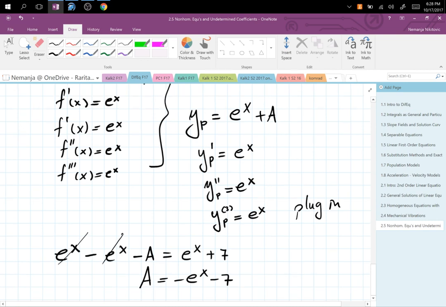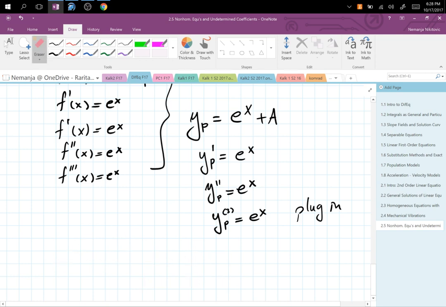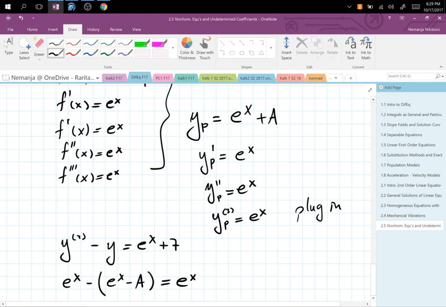Wait, it doesn't cancel. Let me plug in one more time. So the original equation is y triple prime minus y is equal to e to the x plus 7. This is e to the x minus, this is e to the x minus a equals, what happened?